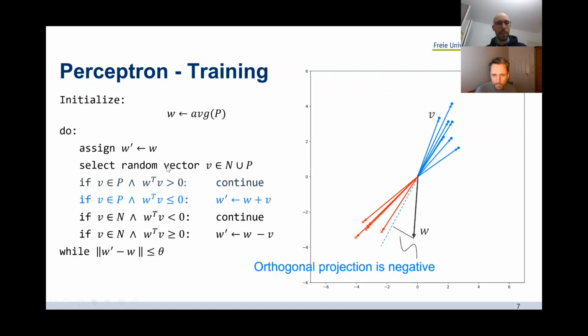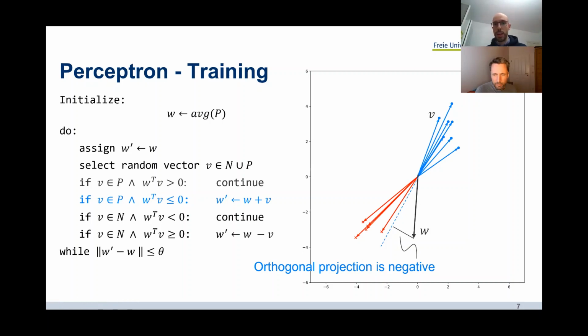Then there's the case where we draw a positive data point and the scalar product is smaller or equal to 0. In that case, obviously we need to do some correction because our V is pointing up here and our W is pointing down here, so the orthogonal projection is going to be negative.